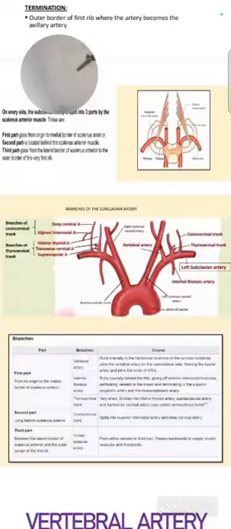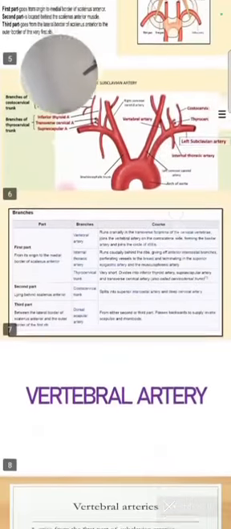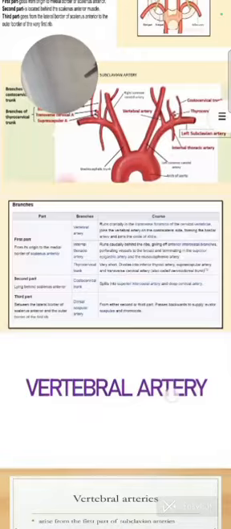So the left subclavian artery arises directly from the arch of aorta, but the right subclavian artery arises from the brachiocephalic trunk. Let us see about the branches from each part.